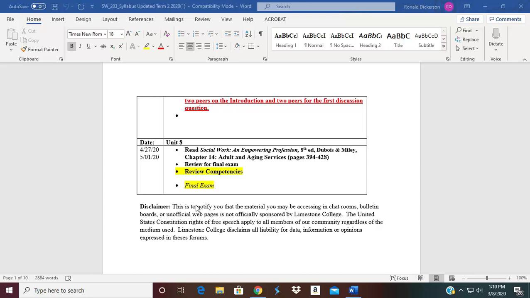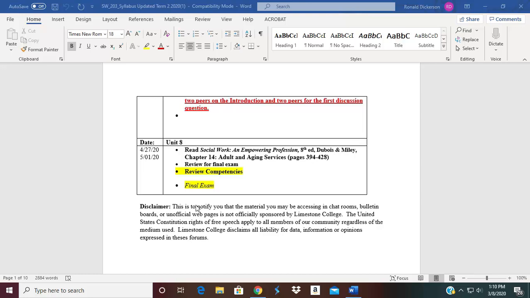Normally, I try to give students a week to do the final exam, but I found out from teaching classes before that that doesn't work well because the majority of students wait till the last day to do the exam anyway. So what I did this term is made sure that everybody takes the exam at the same time, which is the last day of class.